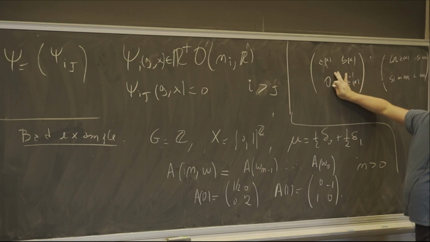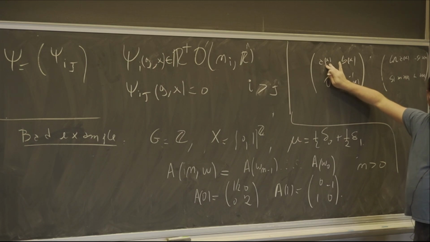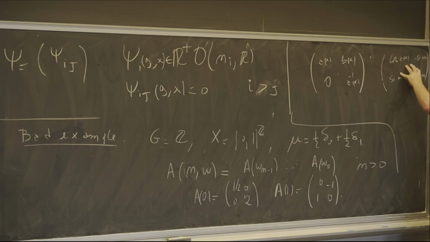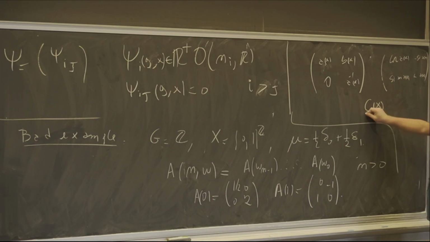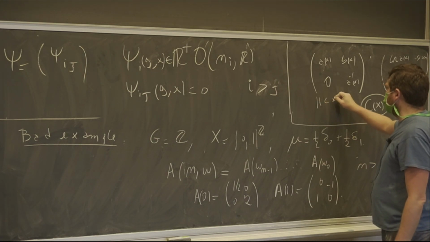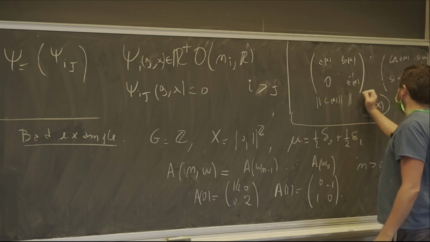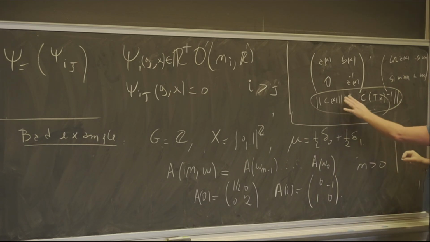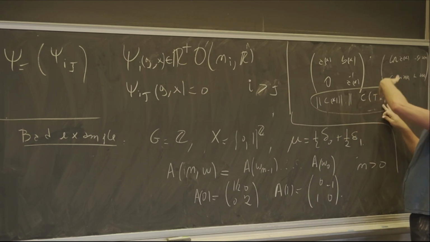So the norm of this matrix oscillates as much as A of x is oscillating, but it's again a multiplicative, so it's an abelian way of oscillating. Birkhoff is going to tell you how it oscillates. This norm does not oscillate at all. It's uniformly bounded. Of course, to do that, you have to pay by conjugating through a matrix C, and then you will have the norm of C of x times the norm of C of T of x inverse happening, and this could be oscillating.